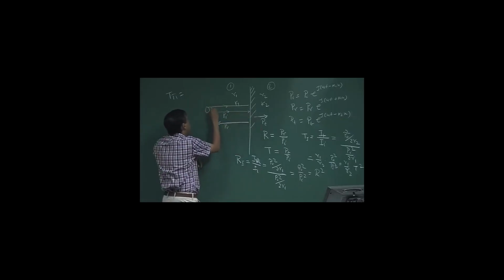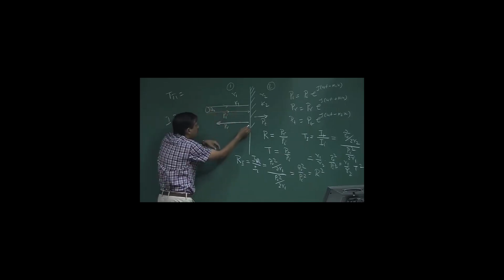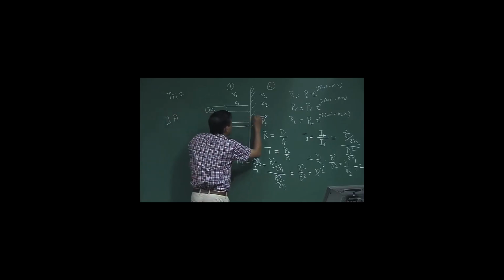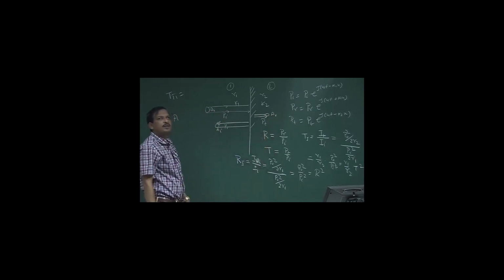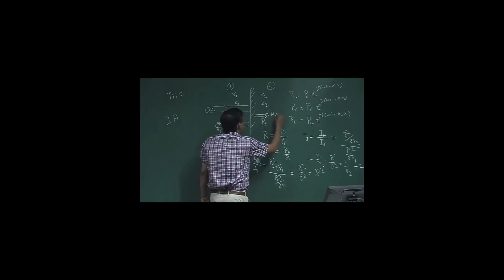Let us think about an incident ray with a beam channel of an area like this incident on the surface. So, the incident ray area is AI. The same area will be reflected, so the area of the reflected beam will also be AI, but the transmitted pressure area may be different. Let us say it is AT.